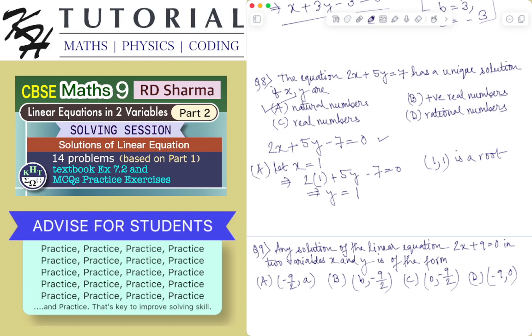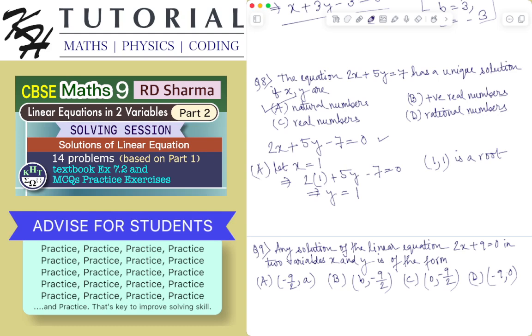Now there are infinite positive real numbers. So for the chosen value of x, I can choose a value of x which is a positive real number. That choice has infinite possibilities. So I will definitely get an infinite number of roots. Also, choice D, rational numbers are infinite.